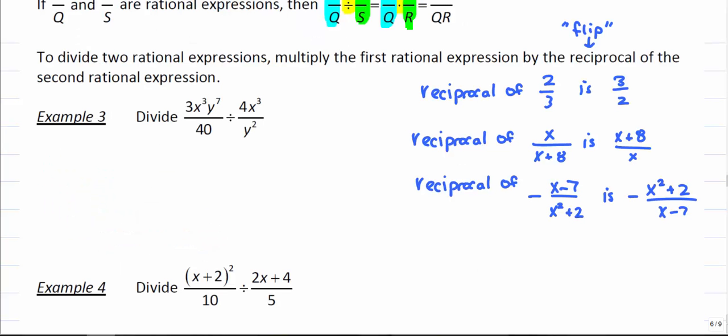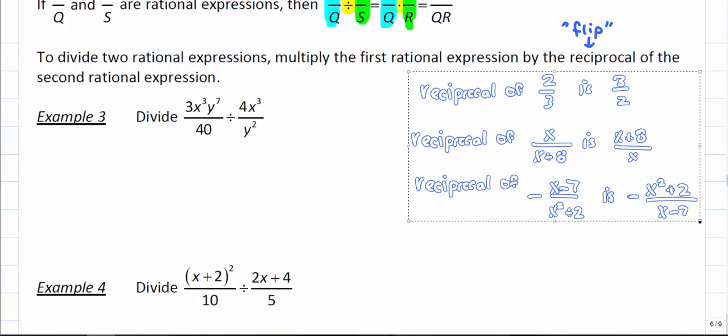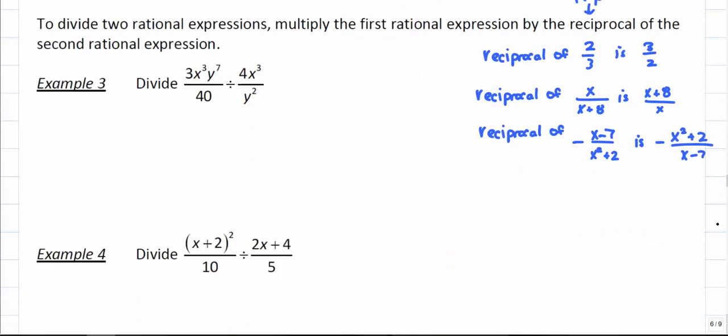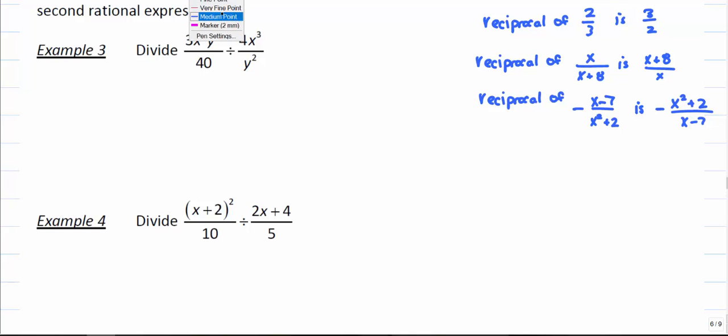But as far as the division ones go, what you're going to do is copy dot flip, and then you are going to multiply. So when I see a problem like 3x to the third, when I see this division, as soon as I see that division, that's what tells me to copy dot flip. That's how I know to do this. Let me write this a little bit better.